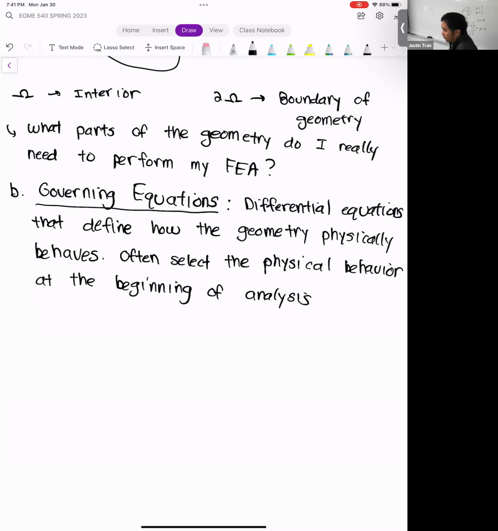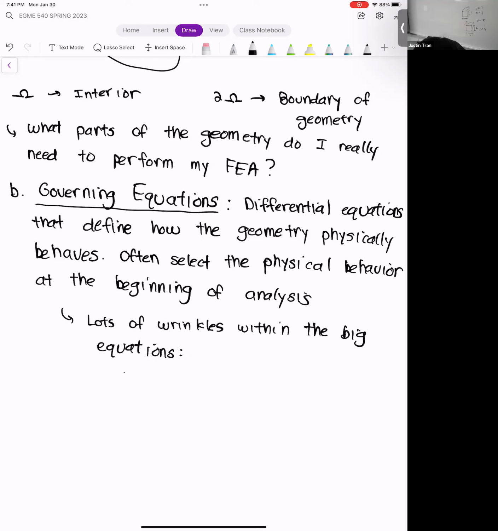For example, for structural, maybe you have a situation where you can use a linear model, versus a non-linear material.